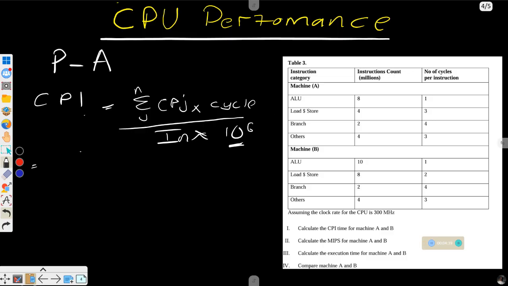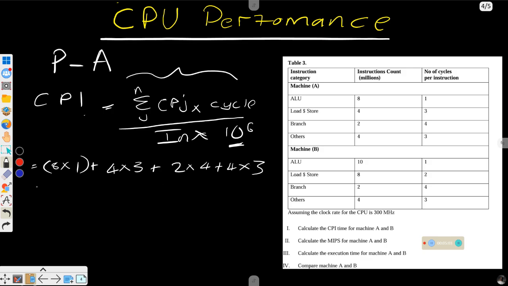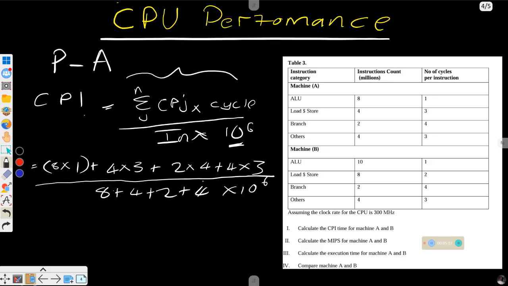Now let's calculate the sum of this above thing. It will be 8 times 1, plus 4 times 3, plus 2 times 4, plus 4 times 3, all over 8 plus 4 plus 2 plus 4, times 10 to the power 6, the same thing as the above.